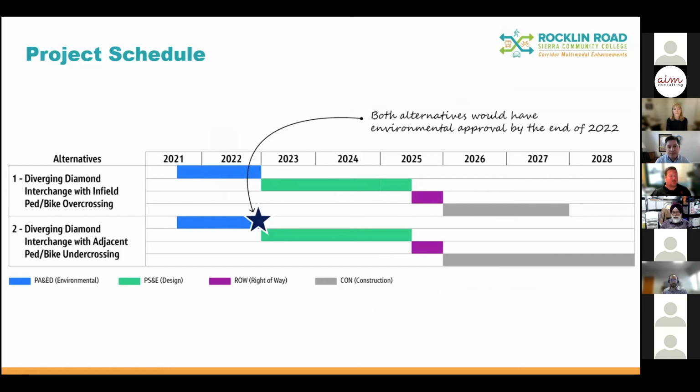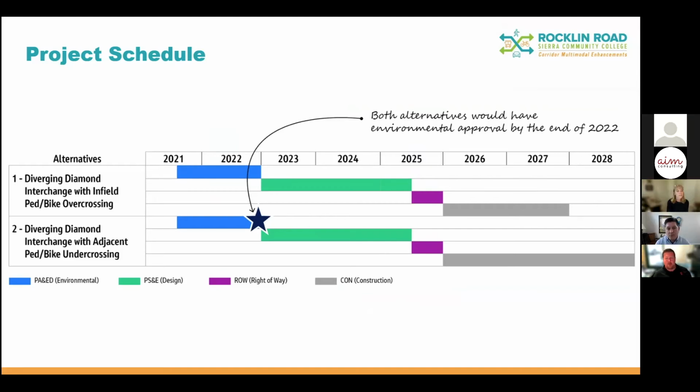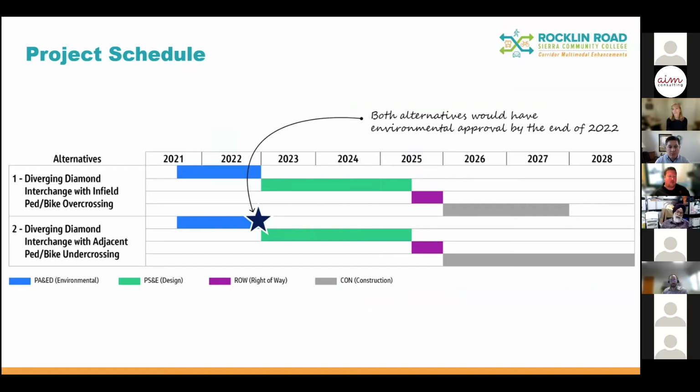And then that takes us to our schedule. This is the same schedule that we showed at the first community meeting. We are still on track to be finishing our environmental documents and approval by the end of this calendar year of 2022. Assuming that we meet that schedule, we are going to be moving on to the next phase of design, which is for the actual PS&E, which is the actual plans.